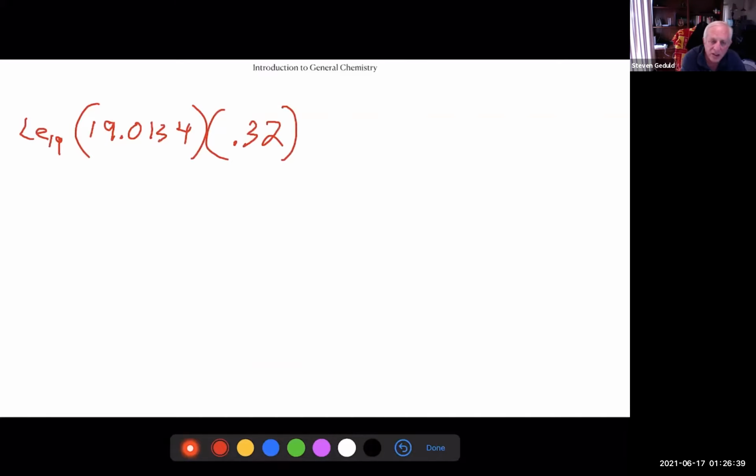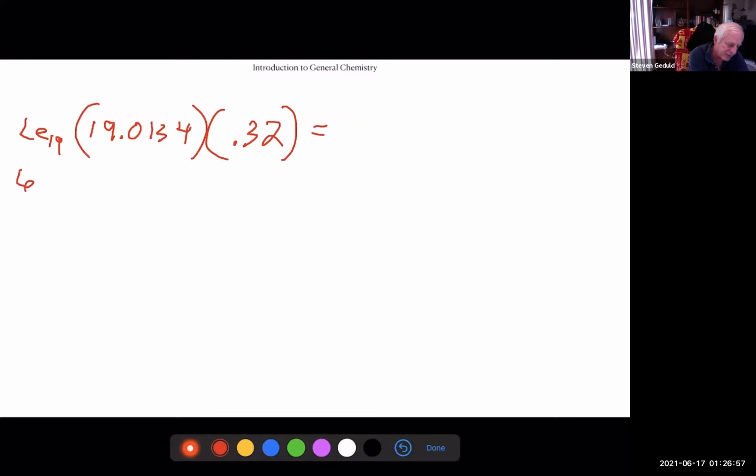You want the fraction of that mass, you don't want the percentage of it. Remember, to go from your percentage to your fractional value, you just divide by 100, because we took our fraction and multiplied by 100 to get a percentage. Now we divide by 100 to get our fractional value.